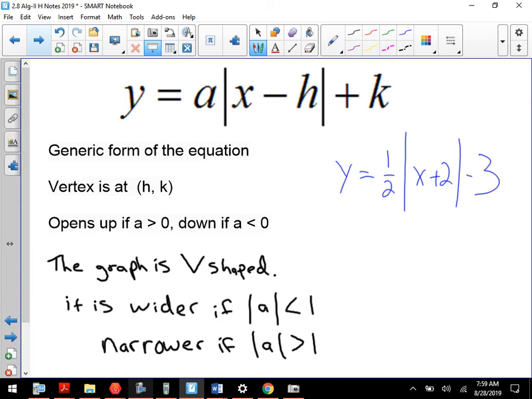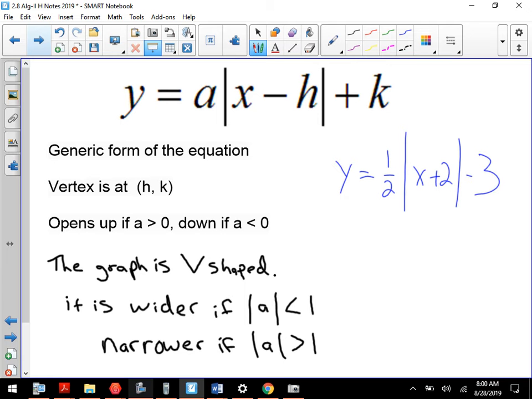Okay. Anyway, so what happens here is we're going to get what are called parent functions and shifted functions. Each parent function can be shifted. For example, what we have here is what we're going to call our parent function for absolute value. The value of A out in front is your multiplier.